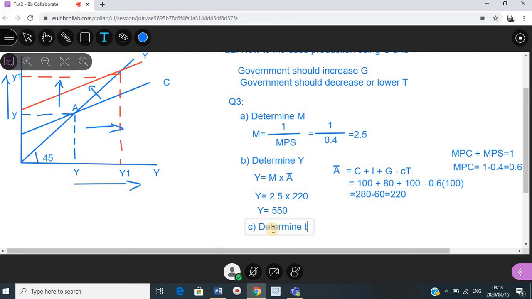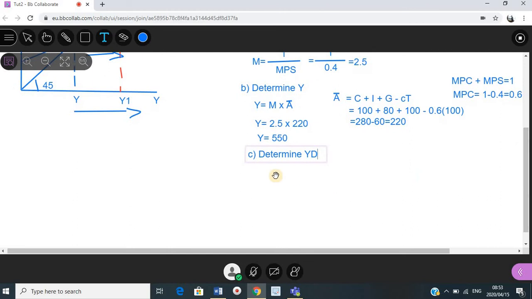We know that YD is equal to Y minus T. If we extend it a little bit, YD should be equal to Y minus, in brackets, T minus Ty.